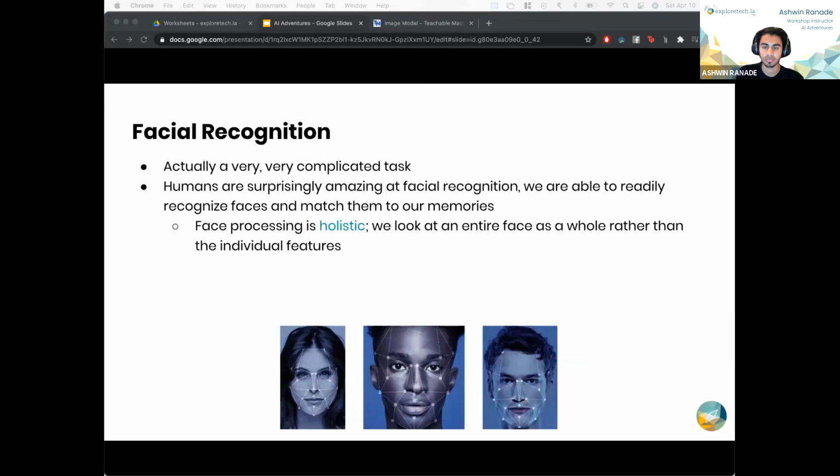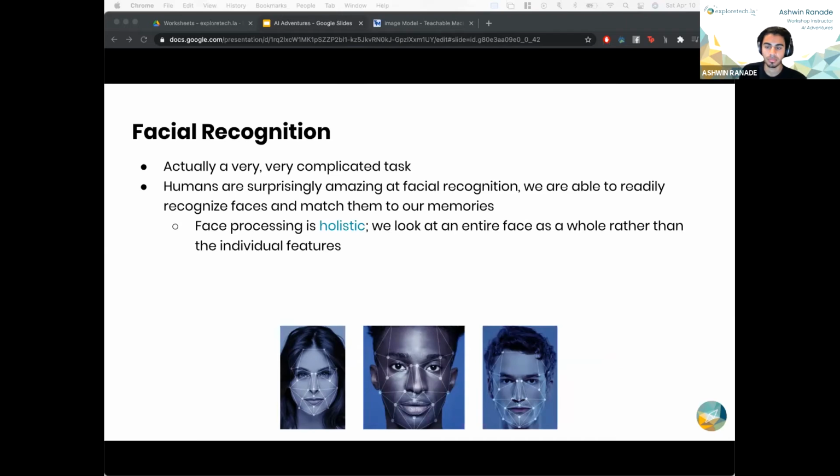And so, just a brief detour, let's talk about facial recognition itself. It's a really, really complicated task that we're not usually aware of. Facial processing is holistic in the sense that we can't process individual parts of the face without being influenced by the whole face. This happens because we have a specific part of the brain that is dedicated to processing faces.